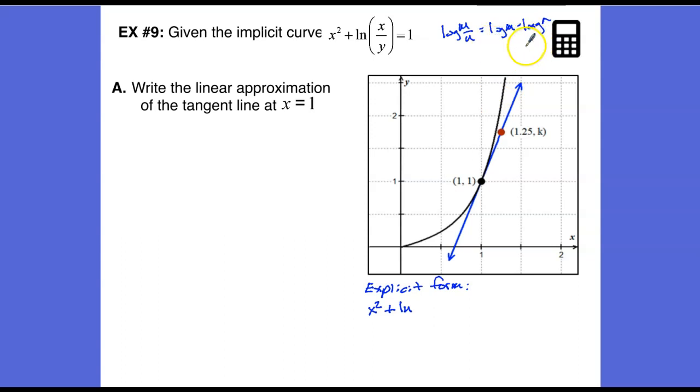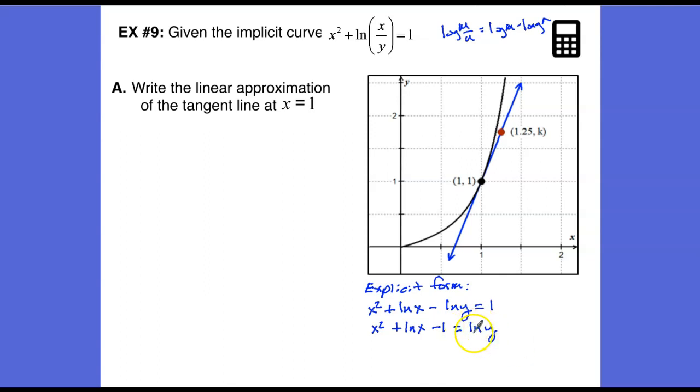So via this quotient rule, we can write natural log of x minus natural log of y is equal to 1. Now, I need to get the natural log of y by itself. And so this gives us x squared plus natural log of x minus 1 equals natural log of y.